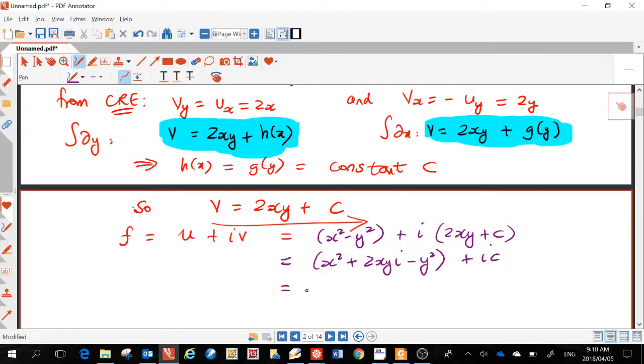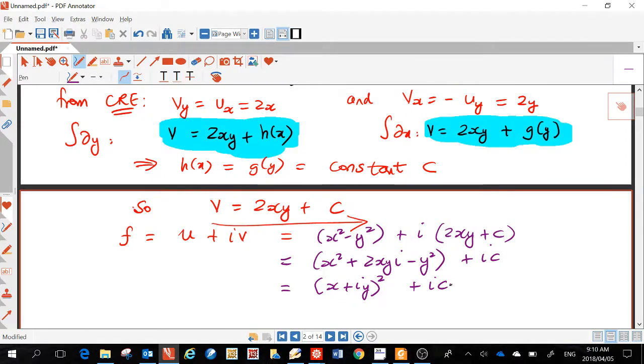With a little more wisdom, you may realize that that's actually x plus iy all squared. Just check it out in your head. Square the first term, x squared. Double the product of the two, 2xyi. Square the last term, i squared, which is minus 1, so minus y squared.